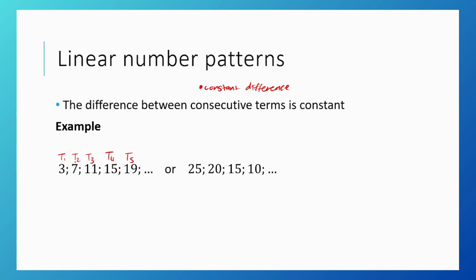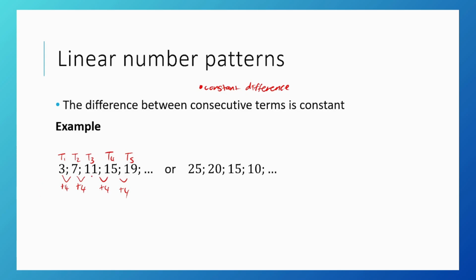If your n is 2, then your t2 is 7, and so forth. And if we look at these 5 terms, you'll see every time from 3 to 7, we are adding 4. Similarly, from 7 to 11, we are adding 4, and so forth. So over here, we have a constant difference of 4.